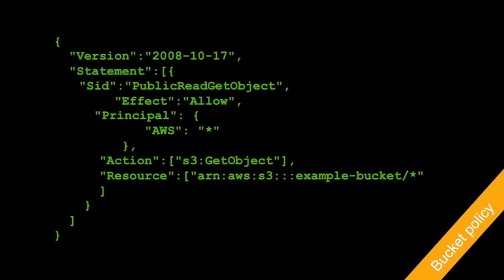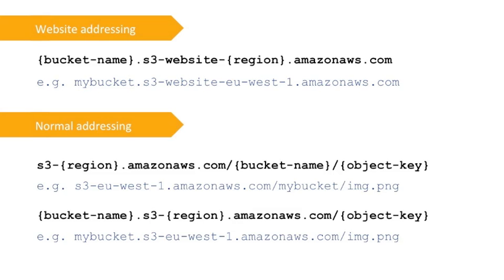Now it brings in an interesting topic around the normal addressing versus website addressing of S3 buckets. So S3 buckets, when they're served as a website, have a particular URL form shown at the top. So if I have a bucket, my bucket, and I'm in the region EU West, the URL of my website by default will be mybucket.s3website.eu1.amazonaws.com.